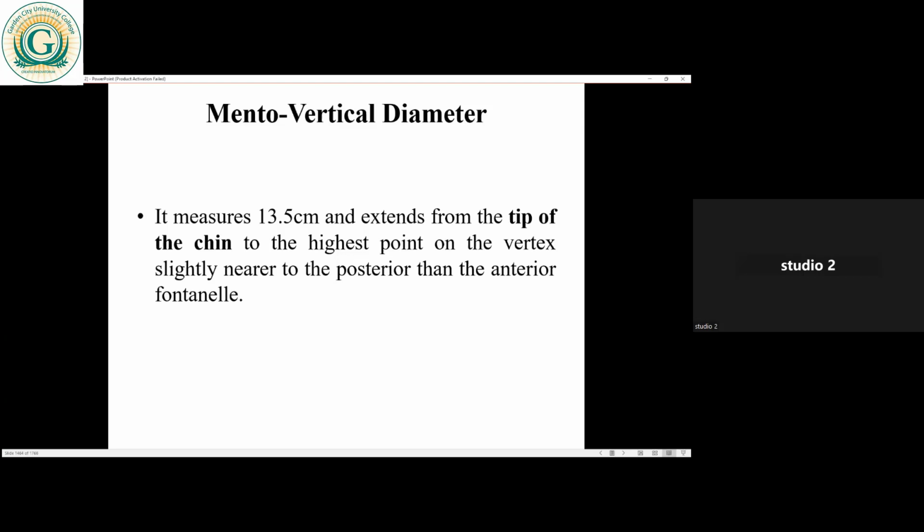Don't forget, a good pelvis at the inlet or brim is 11 centimeters. So all these diameters show that the baby is not coming with a good diameter. So you have to take note, 13.5.